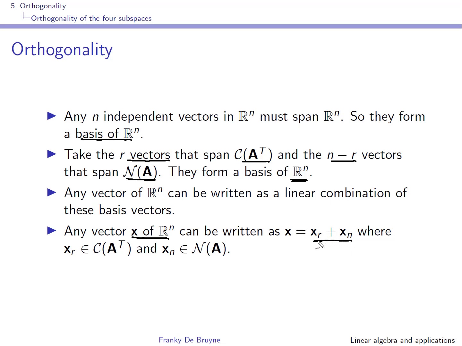So any vector in Rn can be written as xr in the row space and xn in the null space, and these two vectors, since they belong to the row space and the null space, which are orthogonal, are also orthogonal, perpendicular.